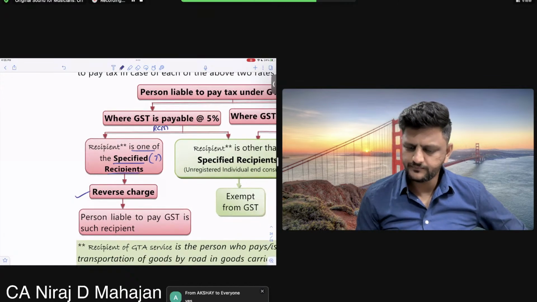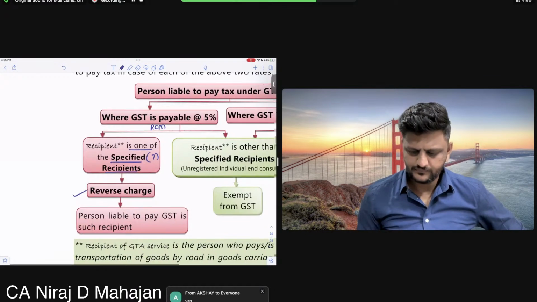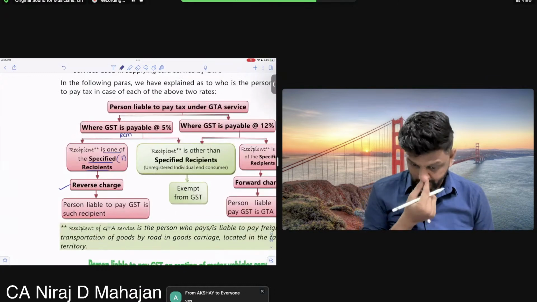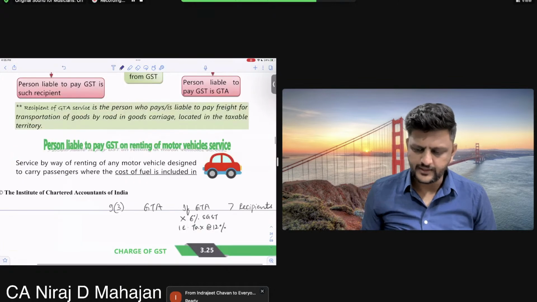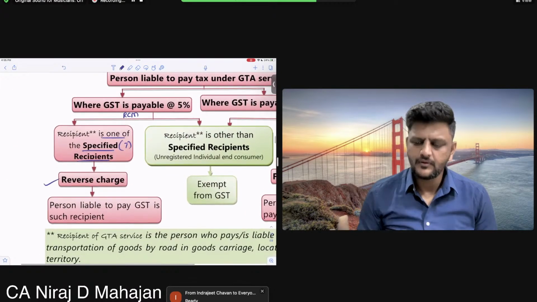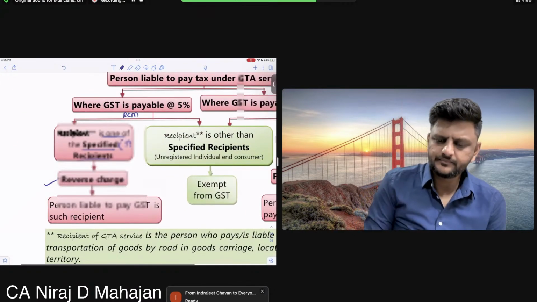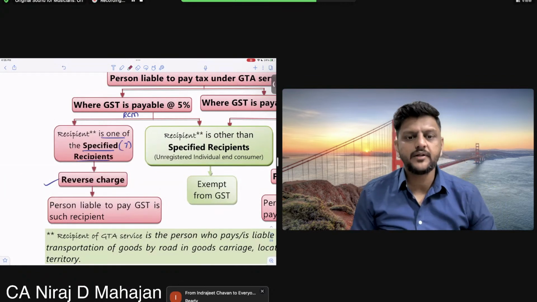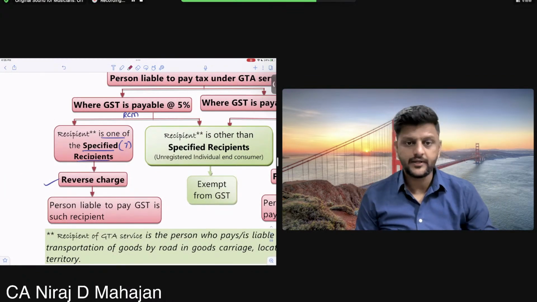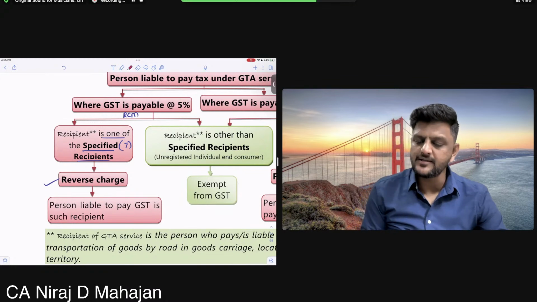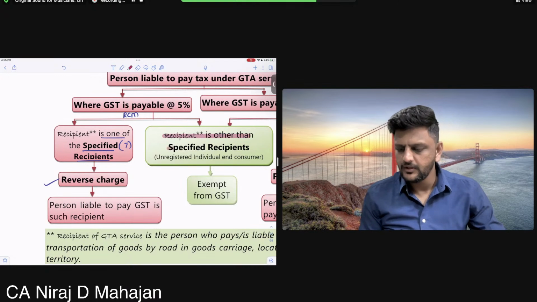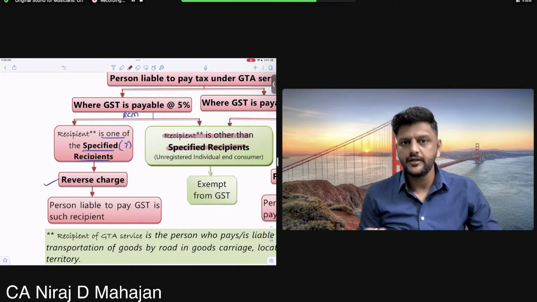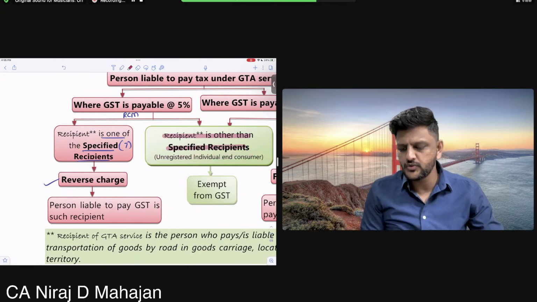Ready everybody? Where were we? Second. Where GST is payable at the rate of 5%. Pay attention. Recipient is other than specified recipients. Example, unregistered individual and consumer.